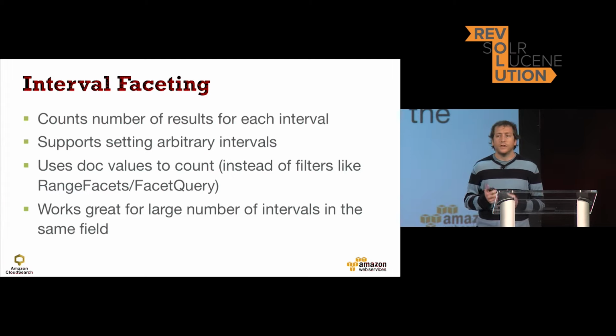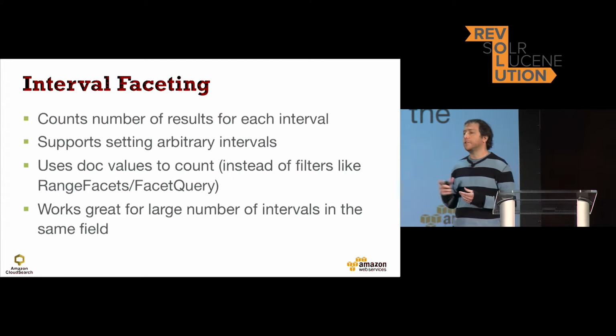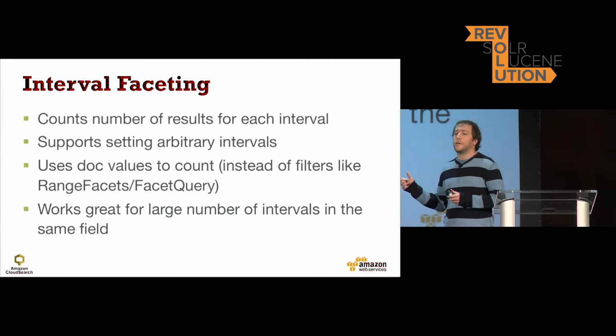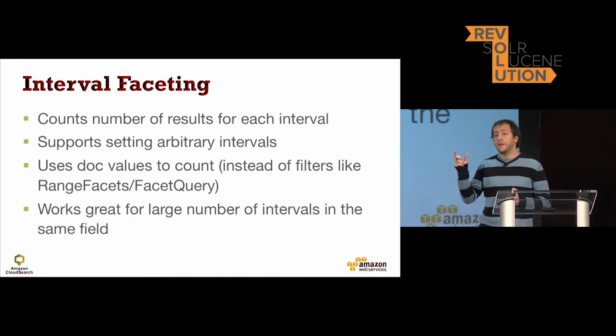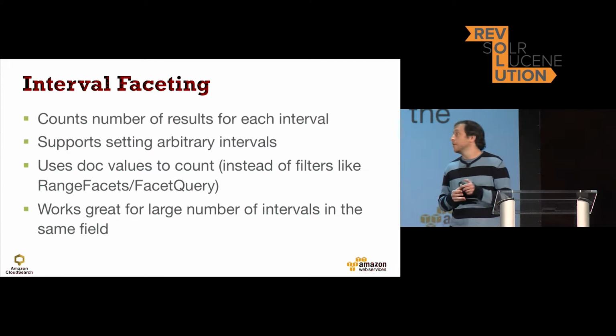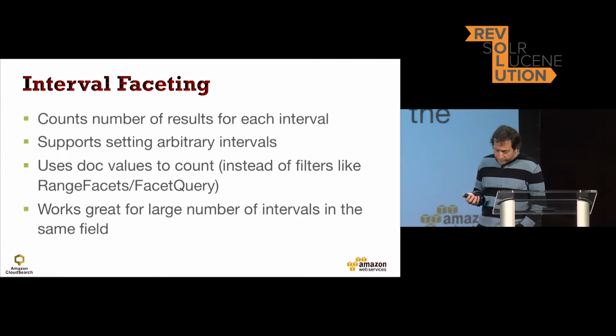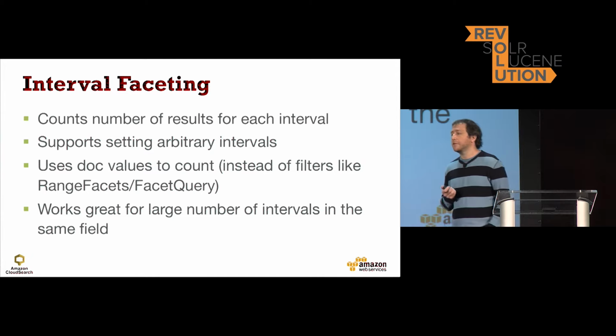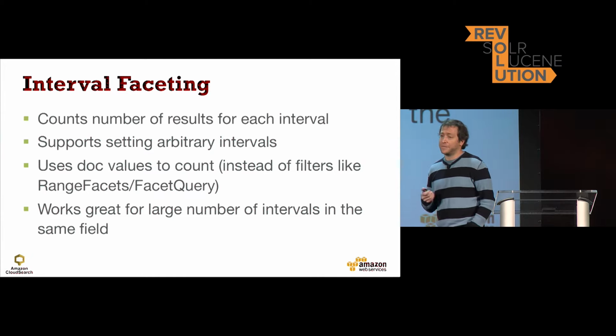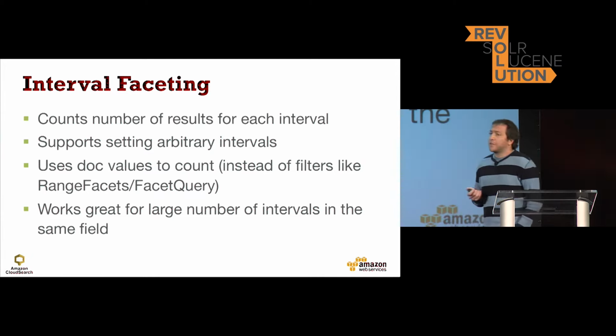They do filters on each of the intervals, right? In the facet queries, it will do a filter with that query. Range facets do a filter for each of the intervals. This works okay in some situations and not so well in others, because those filters are going to use the filter cache.